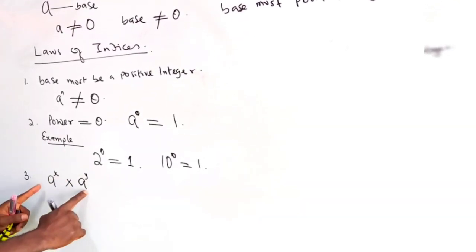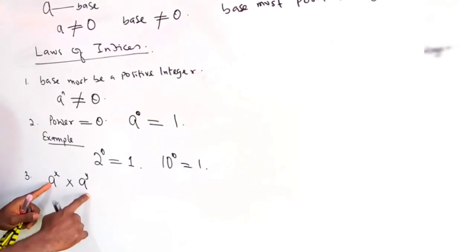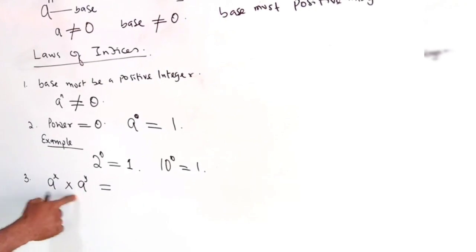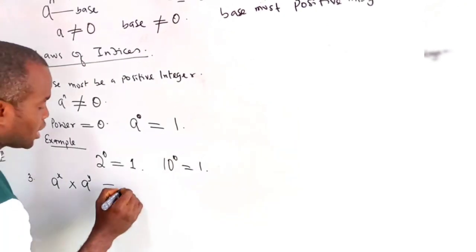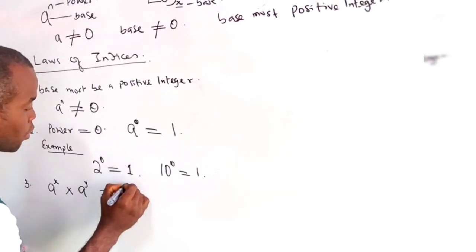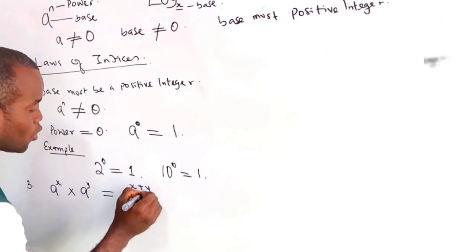Note something, the bases are the same thing. If the base is the same, law of indices says that all you need is to take one of the base and add up the power. It means this is equals to a raised to power x plus y.